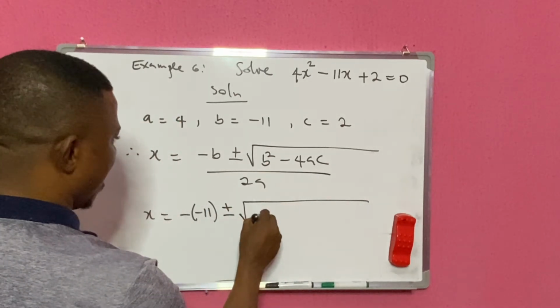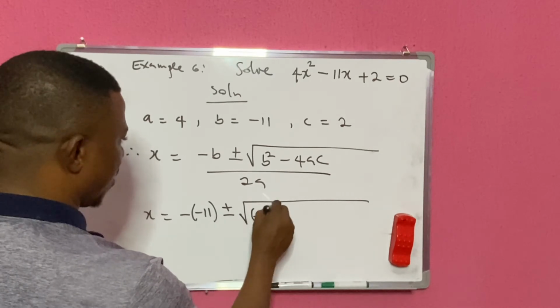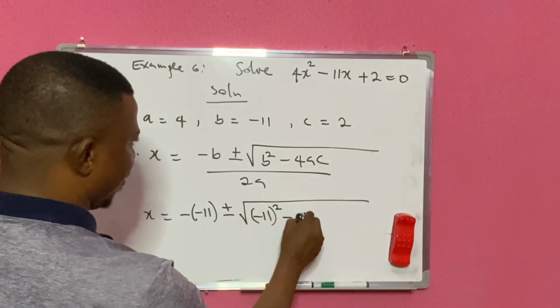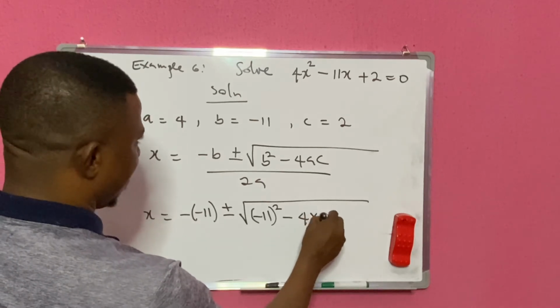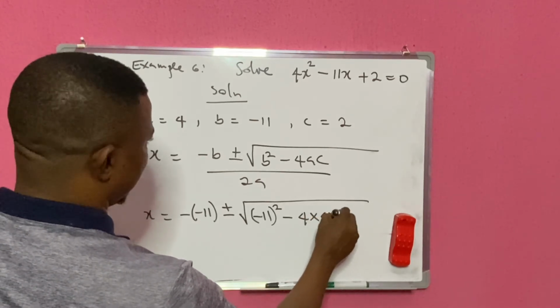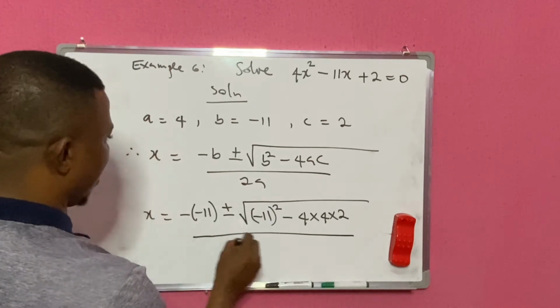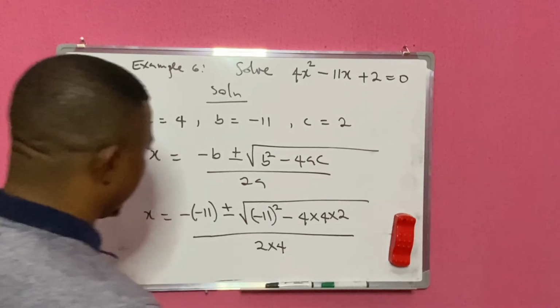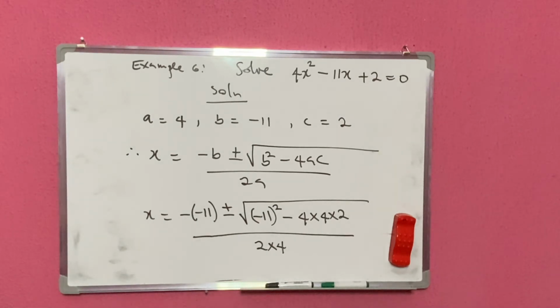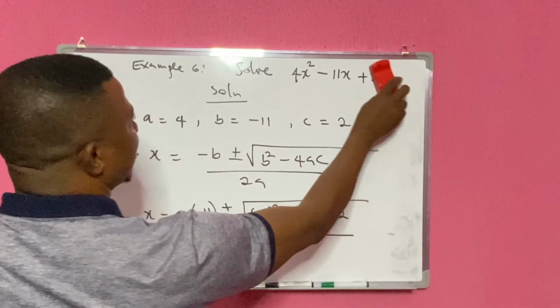What is b? Minus 11 all squared. Minus 4 multiplied by, what is a? 4. What is c? 2. All over 2. What is a? 4. As you can see, very simple.